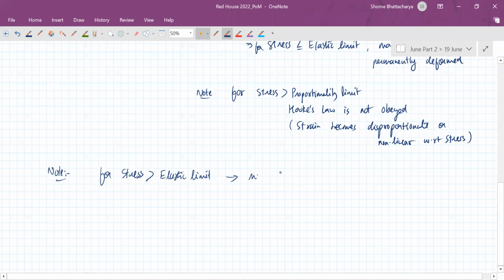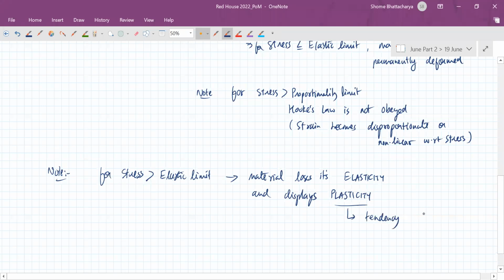The material loses its elasticity and it displays plasticity, that is the tendency to be permanently deformed.